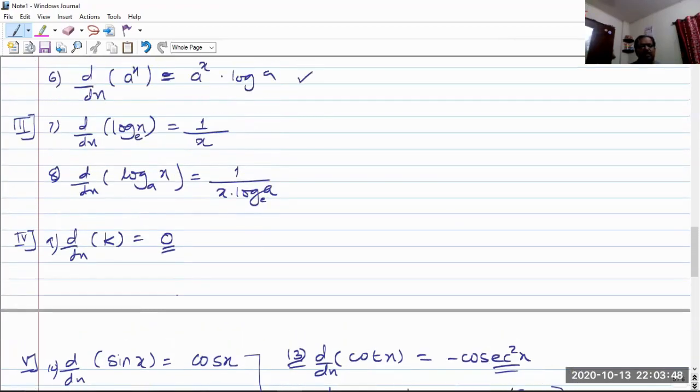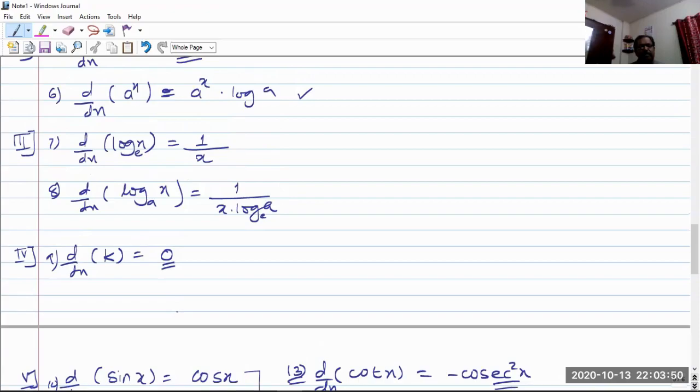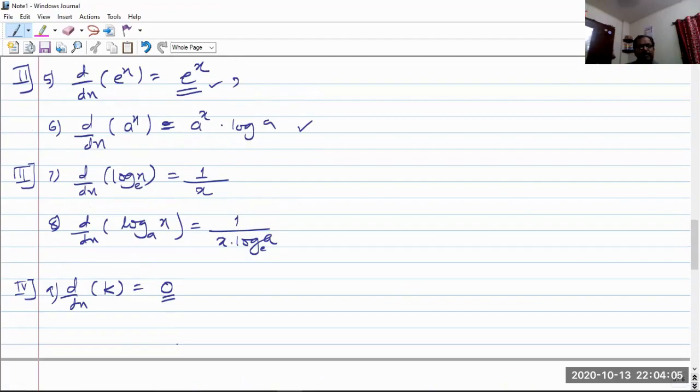And the previous formulae are now very easy. The derivative of a constant is 0, which is easy to keep in mind. Whenever there is a pure constant function, its derivative is 0. Then we have the derivative of logarithmic functions. Whenever it is only log x with base e, or no base is given, it is supposed to be a natural logarithm.